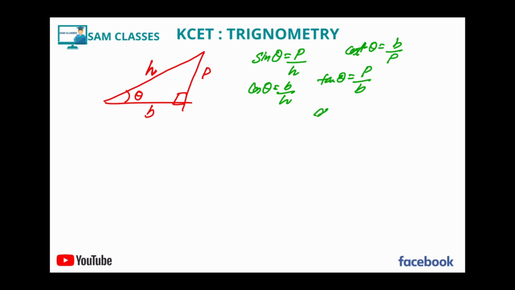Now sec theta is equal to 1 by cos theta, that is equal to hypotenuse by base. Cosec theta was inverse of sin theta, 1 by sin theta, and that is equal to hypotenuse by perpendicular. So this is the basic which we knew about in class 10th.